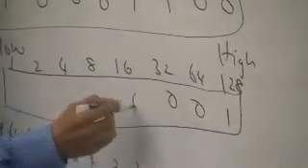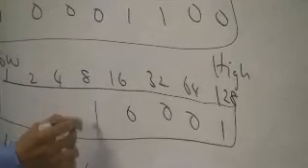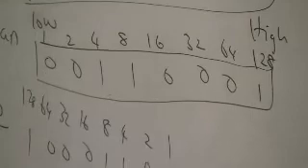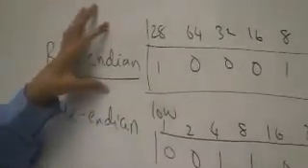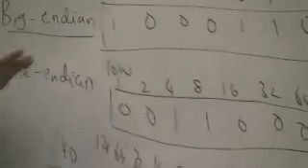So this 1 goes here, 0, 0, 1, 1, 0, 0. So you can store it in 2 ways. You can store the most significant bit in the low memory end or in the high memory end.